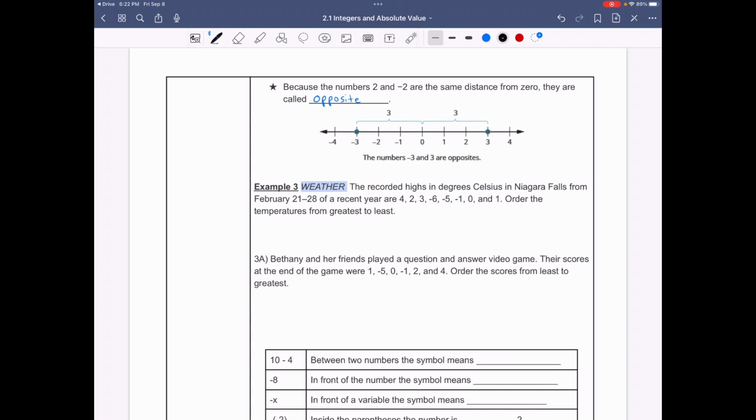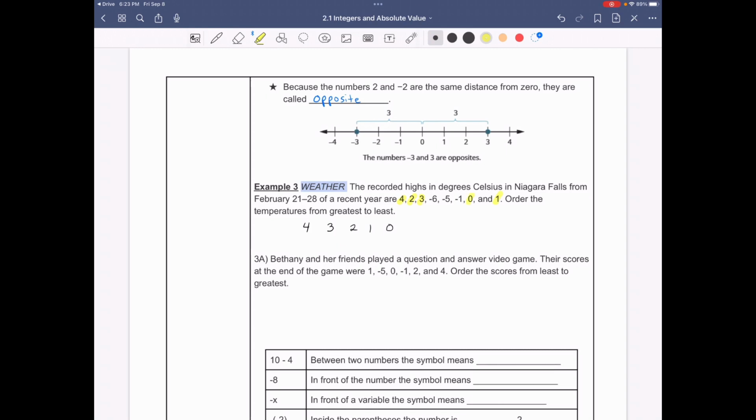So 4, and then 3, 2, 1, 0. I'm just going to check these off. So we did 4, 3, 2, 1, and 0.